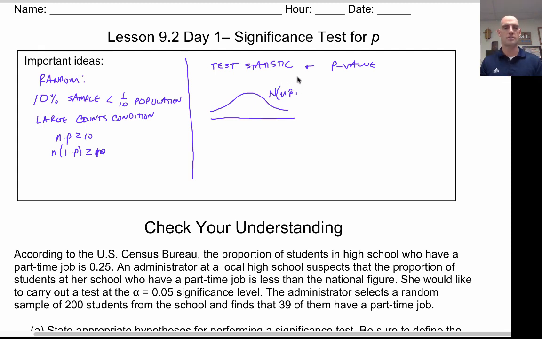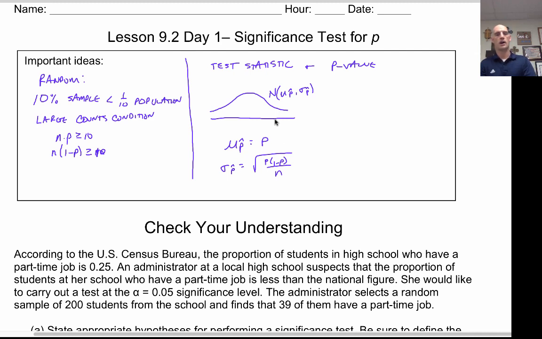So this administrator is going to do this sample. And our standard deviation of p-hat. And here's what we've got. And these formulas should look way familiar to you, right? Because in this case, we're talking about a proportion.